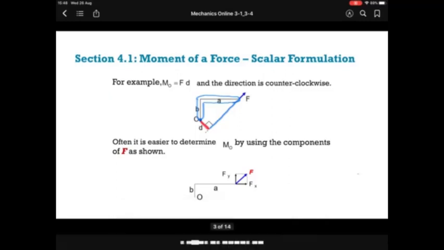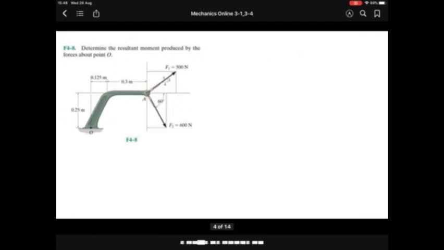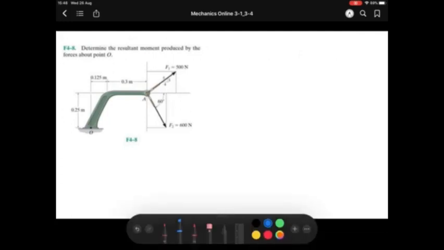But sometimes, if you don't have the direct distance d from the considered point at 90 degrees to the line of force, you may use the concept of matrix, which is the cross product here.